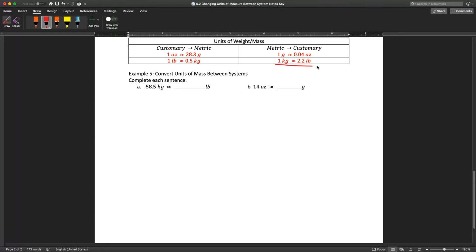So I am using this, 1 kilogram is approximately 2.2 pounds. So I'm going to take 58.5 kilograms and multiply it by 2.2 and I get an answer of 128.7 pounds.